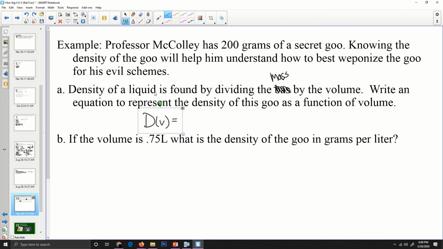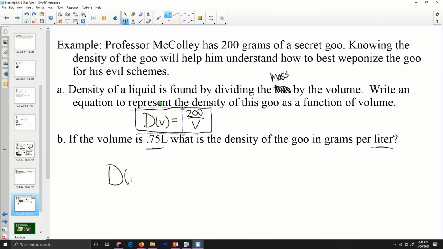All right, so take the density, divide the mass by the volume. The mass is 200 grams, so 200 grams divided by V. That is my equation. There's a reciprocal equation. If the volume is 0.75 liters, what is the density of the goo in grams per liter? Well, since they want it in grams per liter and we're given grams per liter, this becomes fairly trivial.